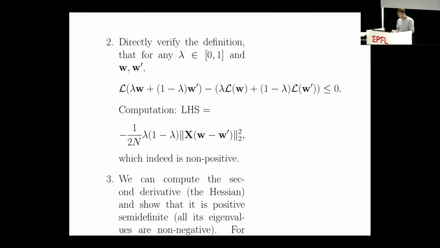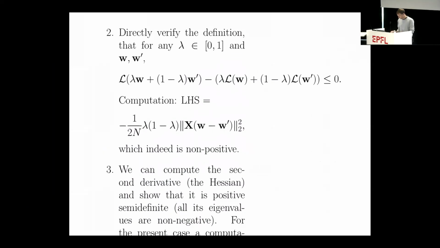All right, so the second idea is a bit more direct. You just directly verify the definition. And the definition is the one with the two points on the line segment, right? That's the point-wise definition of convexity, and you can verify this one. Let's try if you can do this.